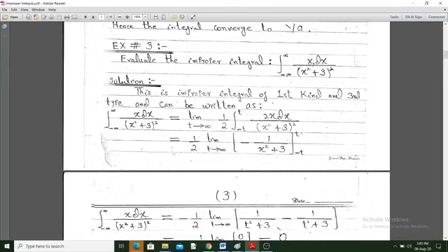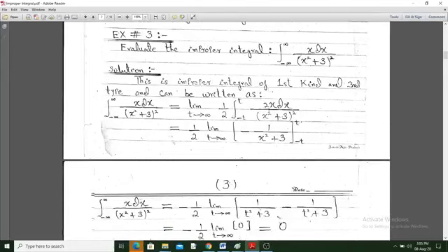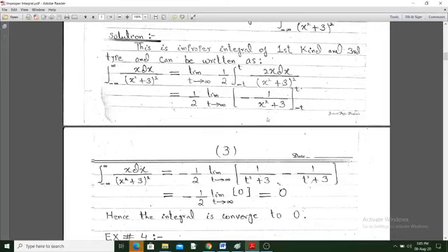So we can say that this is first kind and third type, and this integral, according to the above definition, we can write in two ways, but the first way is easy, so we can write this integral in this way: limit t tends to infinity, minus t to t, and for the purpose of integrating I multiply by 2 and 2, and then I integrate, we get this expression.